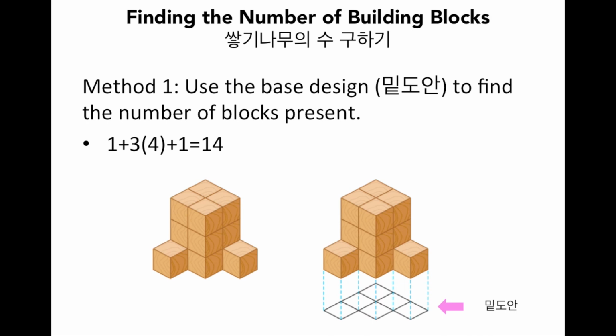If we look at this example, you can see that clearly there's only one cube above the first square, so I just said 1 plus, if you look at these next 4 squares that are all bunched together, there are 3 cubes above each one, so I just multiplied 3 by 4, which gets you 12, and the last square also has 1 cube above it, so if you add 1 plus 12 plus 1 together, you get 14 cubes total.